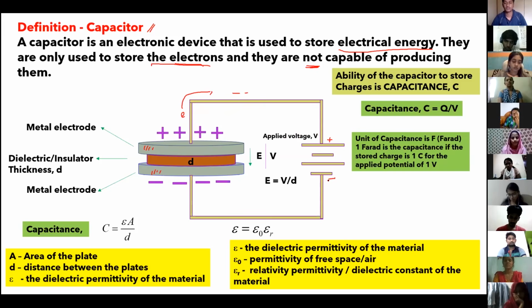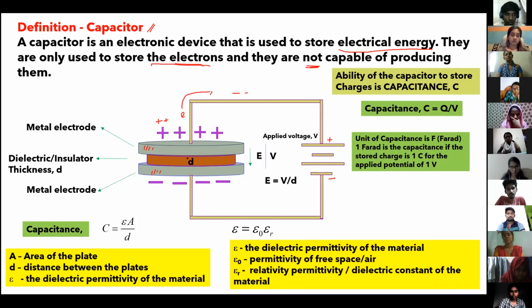And this one is the negative terminal, which supplies electrons to this electrode. Here electrons are being pulled away. For every electron extracted from this electrode, it becomes positively charged. You can directly also say we are giving positive charge. So you are charging the electrode here, and similarly you are supplying electrons here in this way.